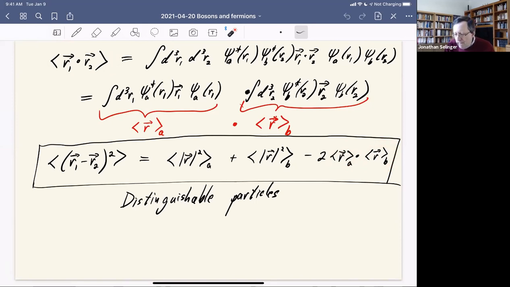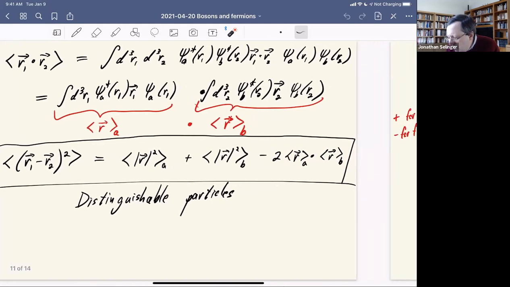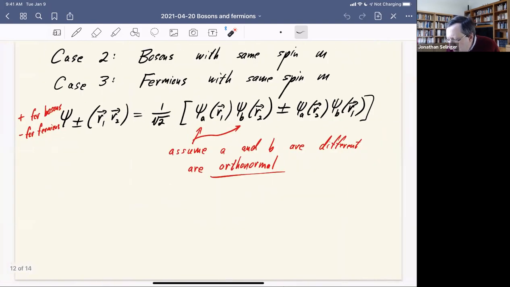But what if the particles are not distinguishable? What if you have 2 identical bosons or 2 identical fermions? In that case, the argument was that the wave function needs a certain symmetry or anti-symmetry.